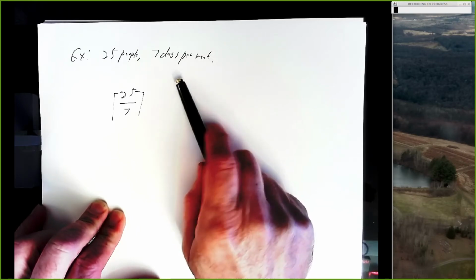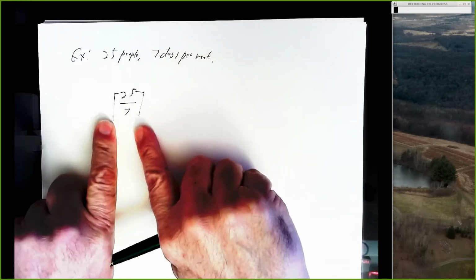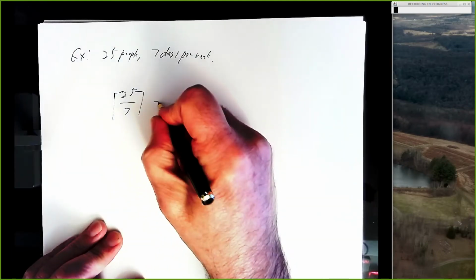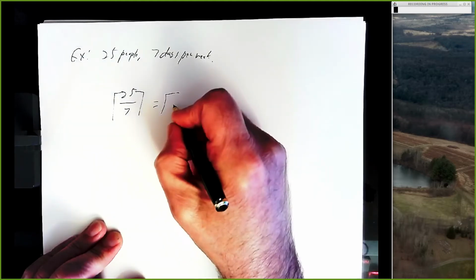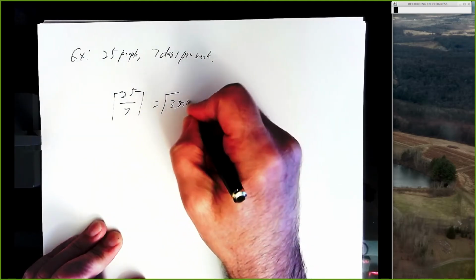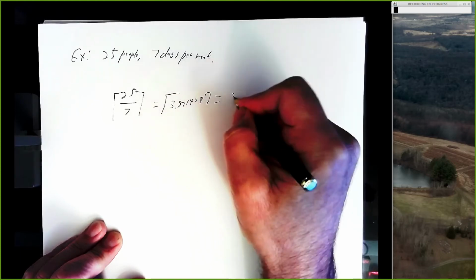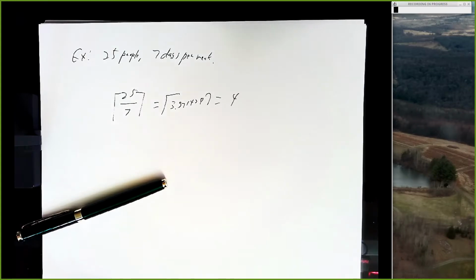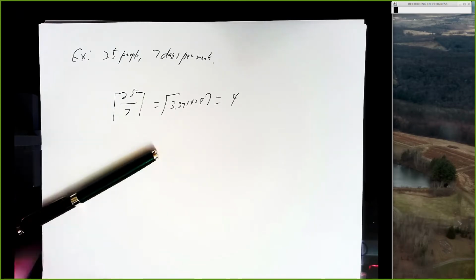The generalized pigeonhole principle says at least one box contains at least this many items. Well, the ceiling of 25 over 7, that's the ceiling of 3 and 4/7, which is 4. And so at least 4 people out of a group of 25 will have been born on the same day of the week. You might be able to figure that out by playing with the numbers, but it comes directly from this generalized principle.